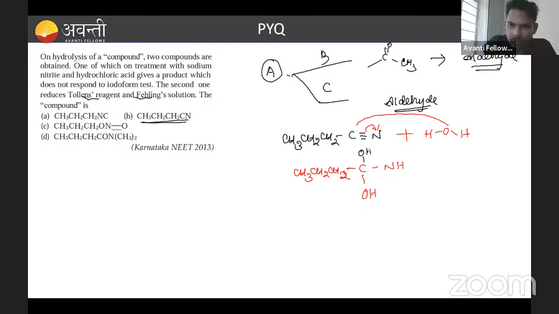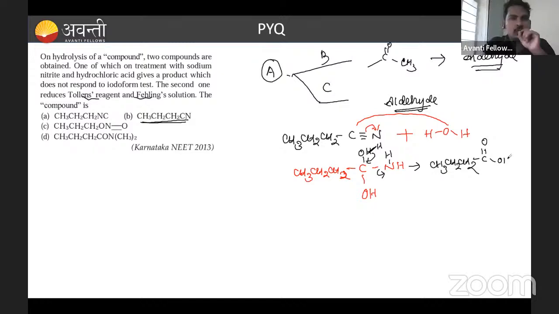And we know this 2 OH group is not that stable on a single carbon. So we'll do like this, and then we'll have CH3 CH2 CH2 COOH plus NH3. If we do the hydrolysis of cyanide, we will get carboxylic acid.